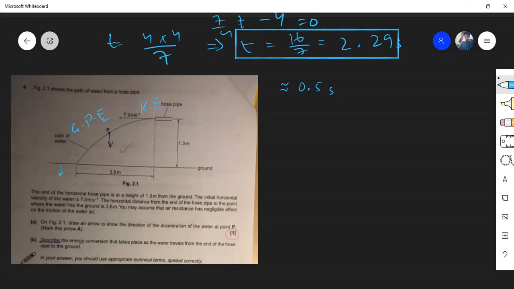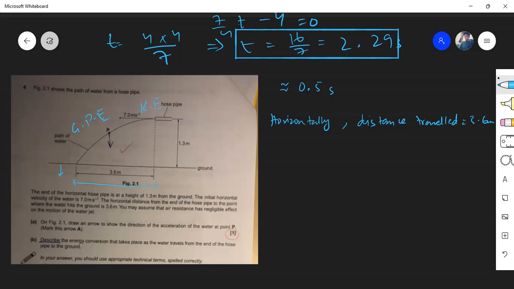So in the horizontal direction, the distance traveled is 3.6 meters. Sorry, I'm talking about this distance.